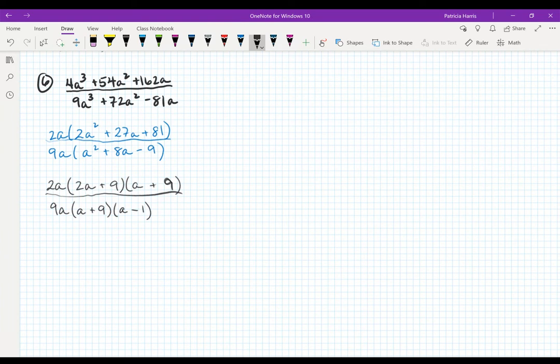Like that. Okay, now before you start reducing, remember you always have to look for your excluded values. Again, these numbers are important. So we have 9a, a plus 9, a minus 1. Now you gotta be careful with this one because the constant outside actually has a variable multiplied to it. So it will actually give you a 0.